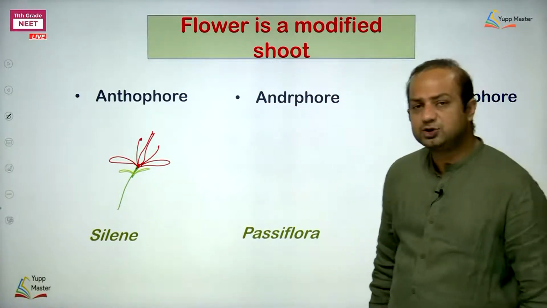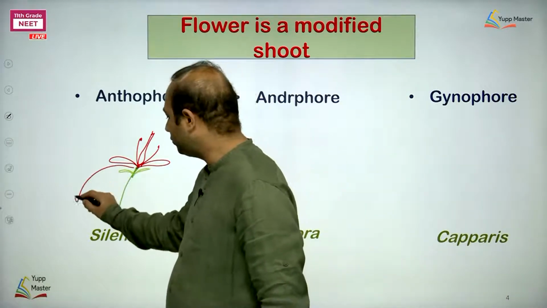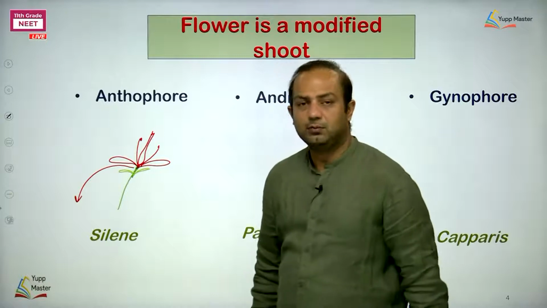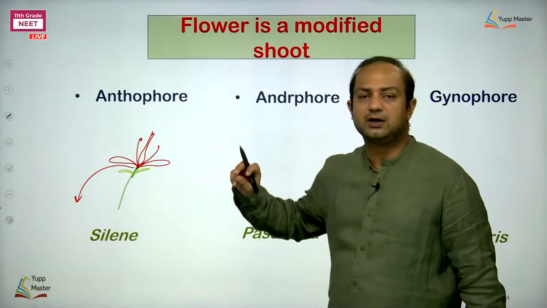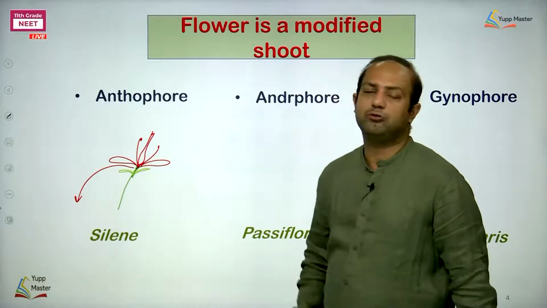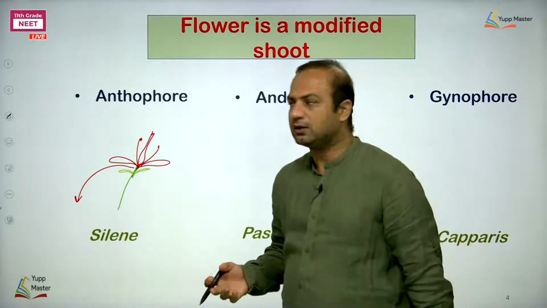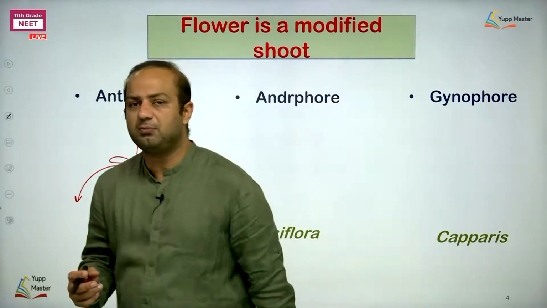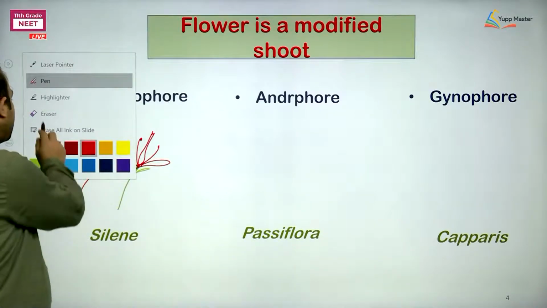So see what actually happened in this condition. We are observing that the internode between the calyx and the corolla got elongated. Now that structure is called anthophore. Antho, flower, phore, bearing. The flower bearing internode has become elongated. So that type of thing we are mentioning over here.